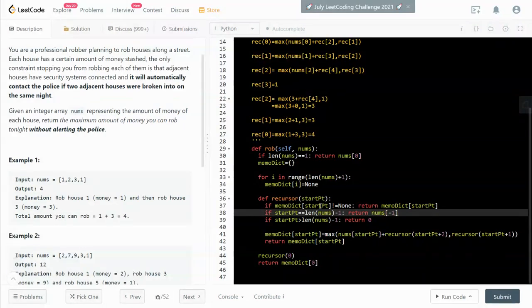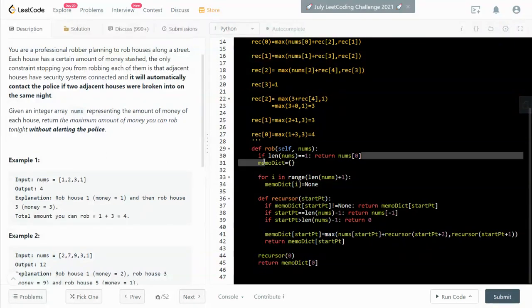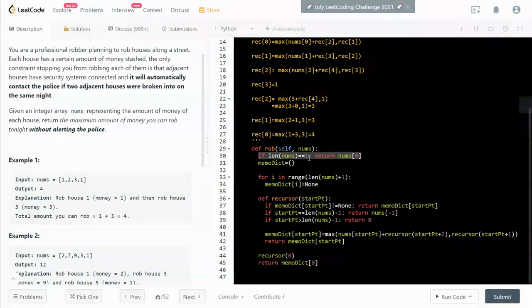And now let's solve this by using dynamic programming. We first need an edge case. For this function, if there's only one house, this is trivial. Just return the money in that house. And then we need a memo dictionary, because when we look up in the dictionary, it's a constant lookup time, big O of 1. That's why it's very fast. We use that to store all the intermediate steps.